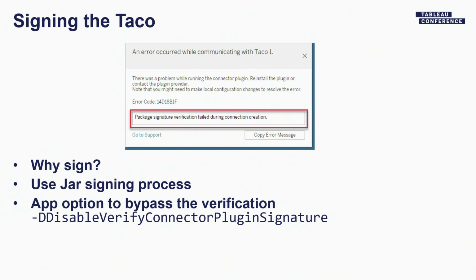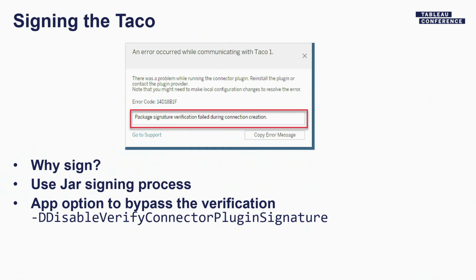So we want to make sure that when a taco is loaded in Tableau, the customer is guaranteed that that taco was built by the person who says it was built by, that the connector has not been tampered with since it was packaged, and that that certificate hasn't expired.